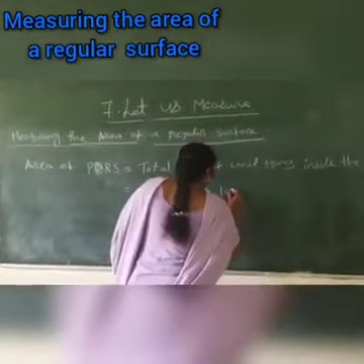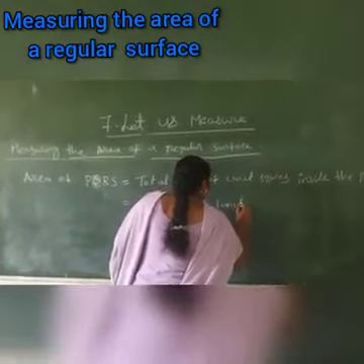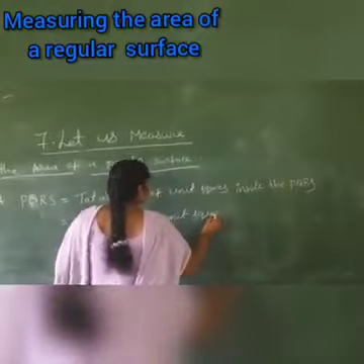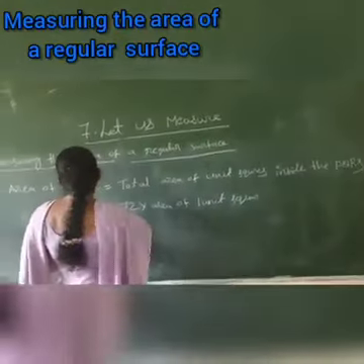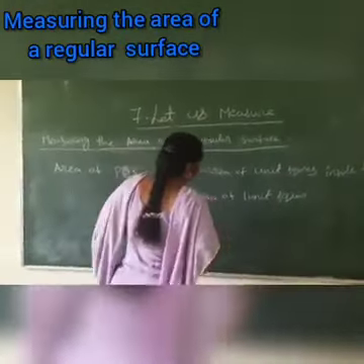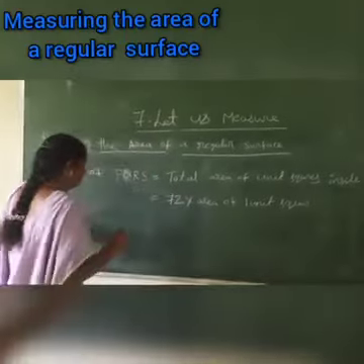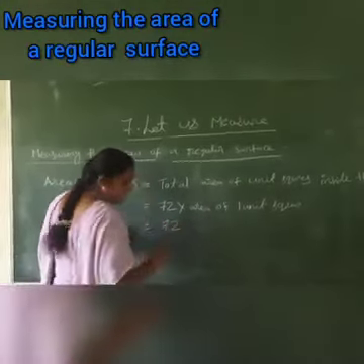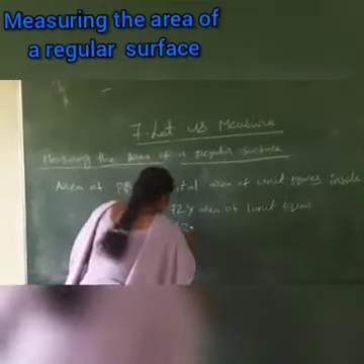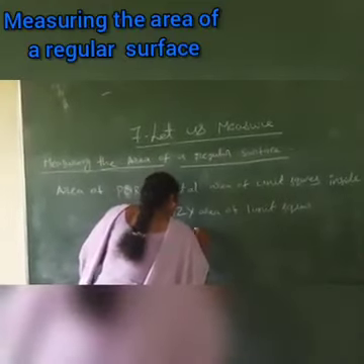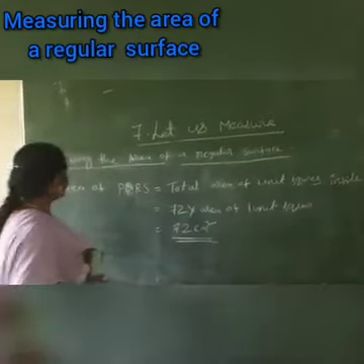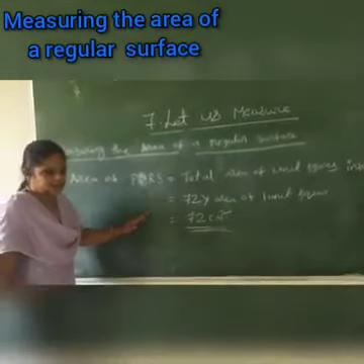Adding 1 unit square plus 1 unit square and so on, we get 72 square units. That means 72 square centimeters. So this is the area of PQRS.